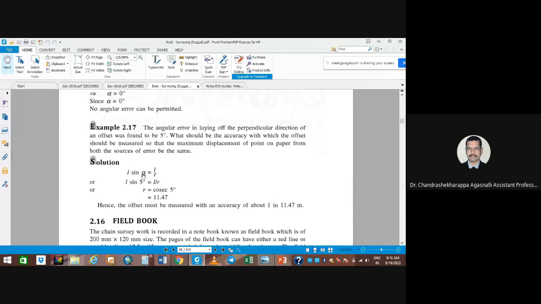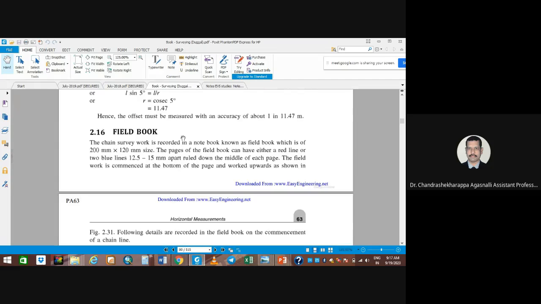L sin theta, with theta 5 degrees, is equal to L by R. Cross multiplying, R is equal to cosine by sine of 5 degrees, which is 11.47. Hence the offset must be measured with an accuracy of 1 in 11.47 meters.